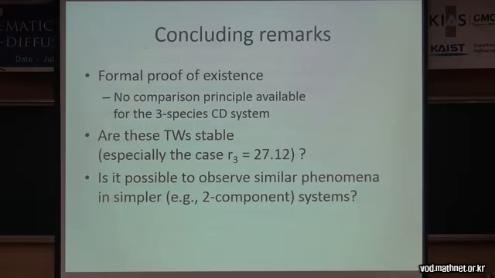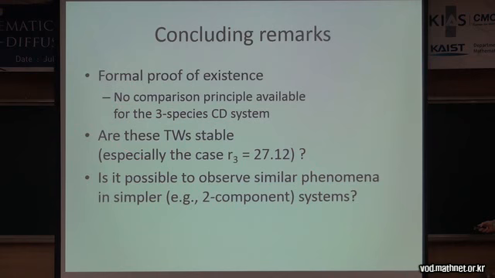So finally, as some concluding remarks, I noticed that everything I showed you today has, at the moment, no formal proof. They are just results of numerical simulations. And one problem for looking into these proofs is that we don't have a comparison principle for the three-species competition-diffusion systems. So the proofs shown up to now cannot be easily extended, I suspect.